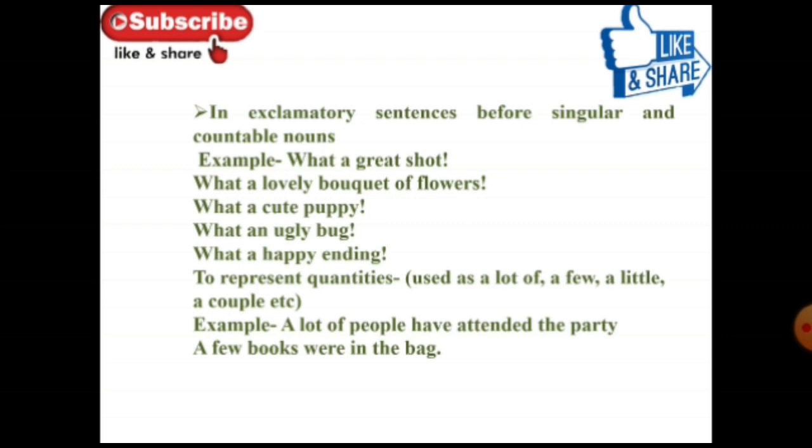That's why an has been invented, to make the flow. A is also a vowel, and ugly also starts with a vowel, so two vowel sounds cannot be together. We cannot speak that in a flow, so an is given in between.